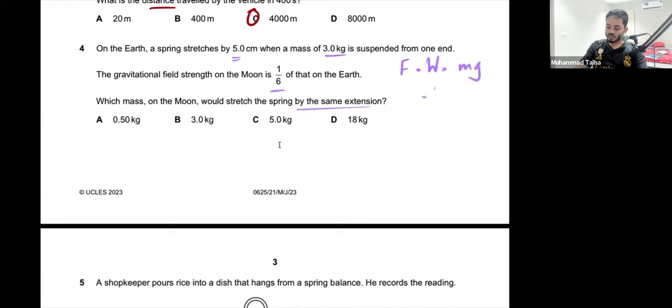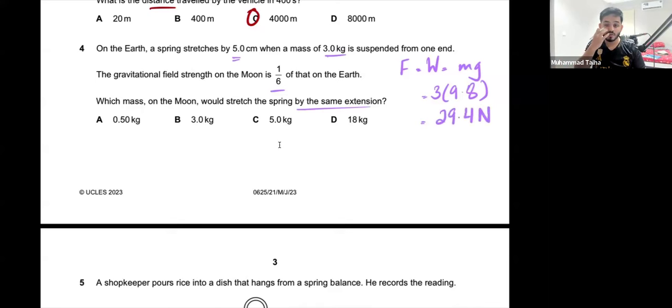That would be 3 times 9.8, right? So now we have this as the force, which is 3 times 9.8, which is 29.4.